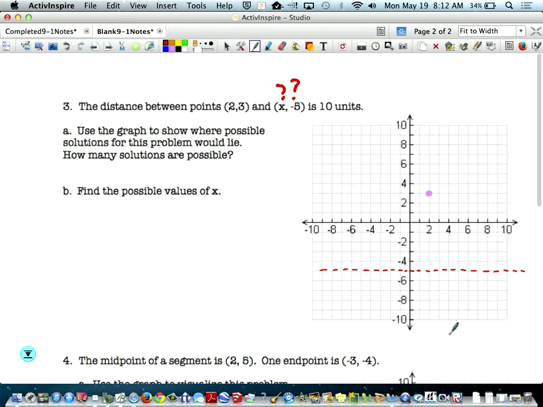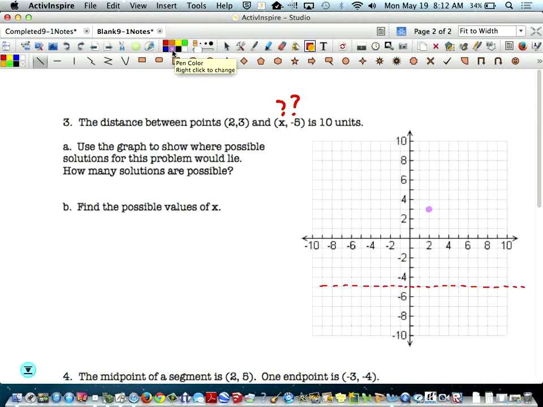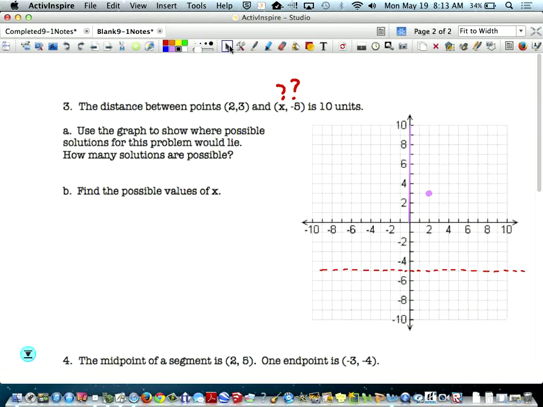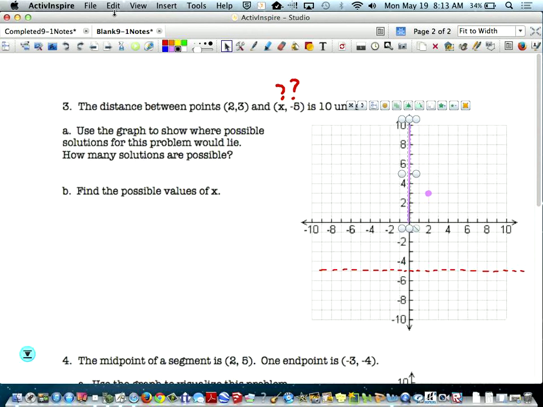So let's see if I can get this done. I'll go with the purple line. I'm going to draw a line from here to here, purple. I should be able to take that, highlight it, and say edit. I'm going to just rotate it.